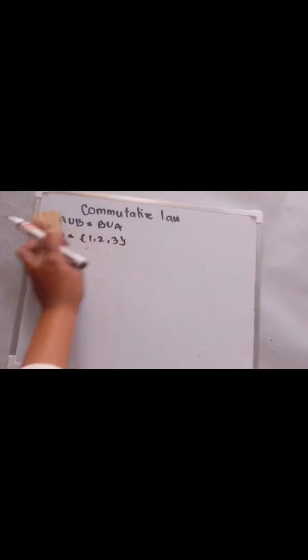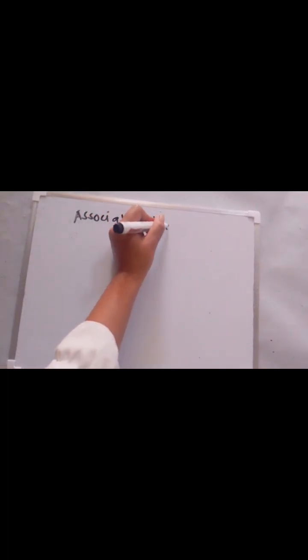Next is the associative law. The associative law tells us that grouping does not matter. It doesn't matter which sets you combine first, the result is the same.